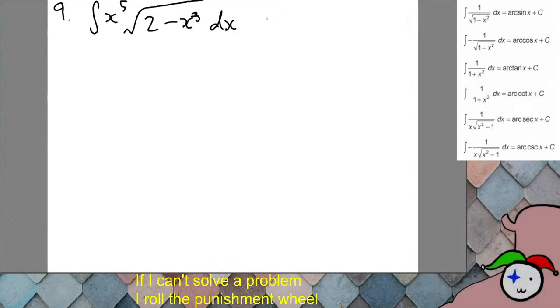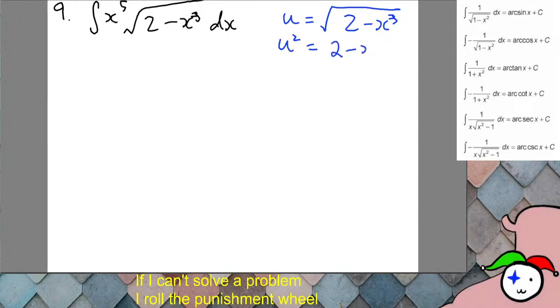So I'll let u equal square root of 2 minus x cube. So then u square is 2 minus x cube.